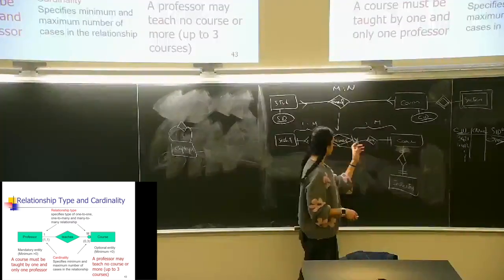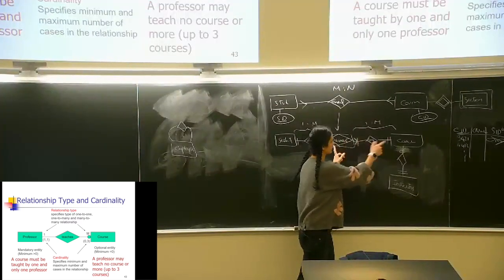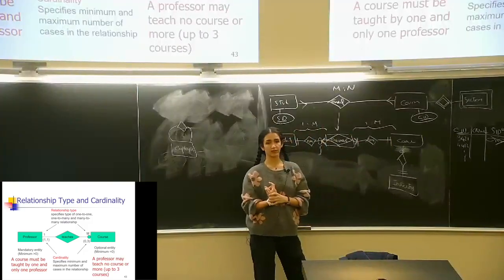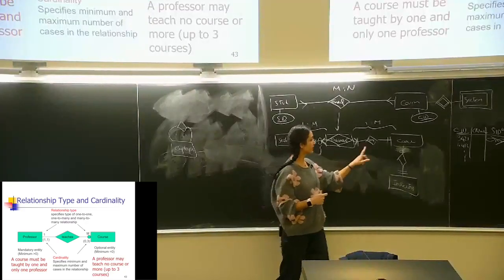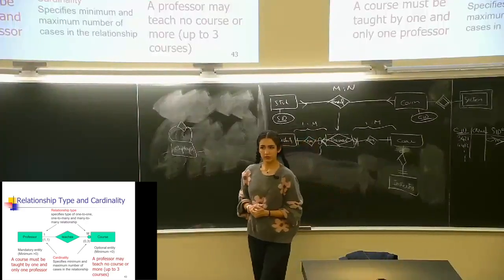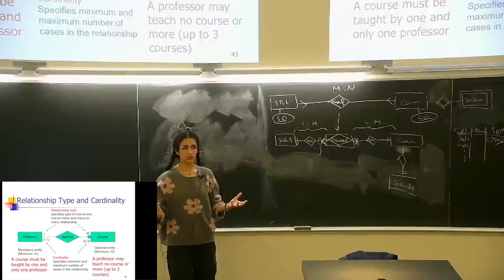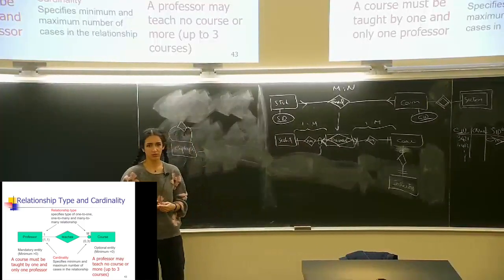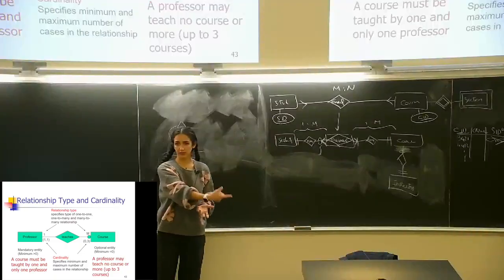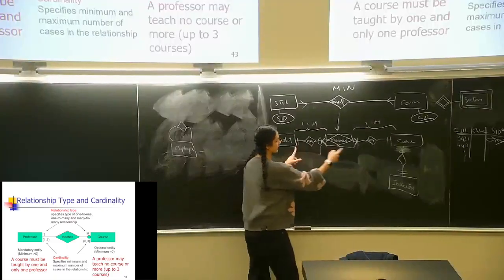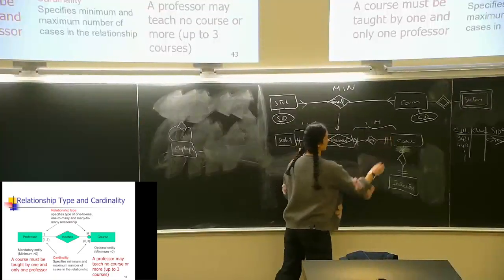And from the other side, enrollment and course, is this optional or mandatory? If you have an enrollment, can it include null courses or no courses? No. If we have an enrollment, it means there was a student enrolling in a course. So from both sides, this is mandatory, right?